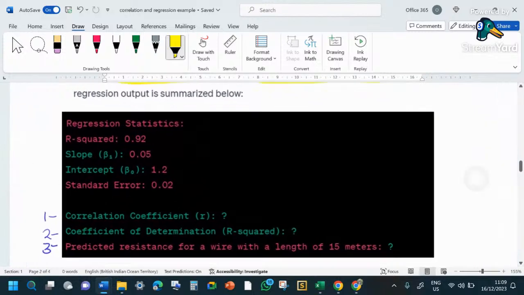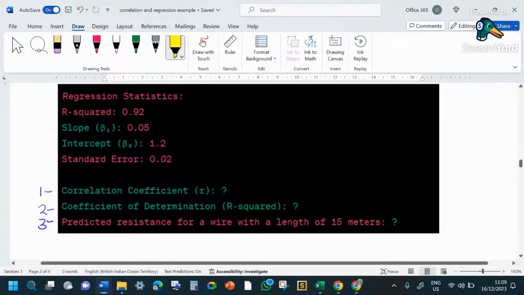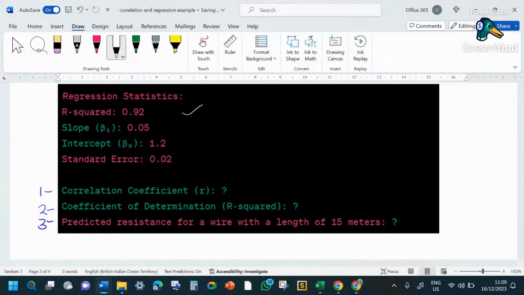Now, there is summarized information that will be given to you. R square, this is the coefficient of determination. And from the coefficient of determination, you're going to look for the correlation coefficient, which is R. I'll explain that later.